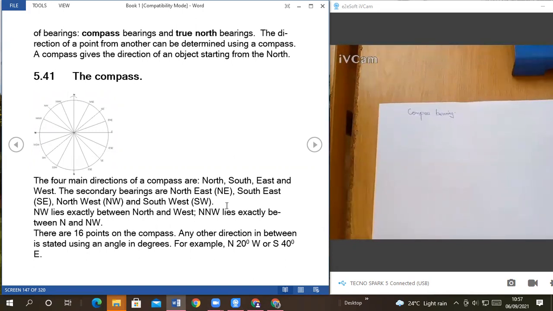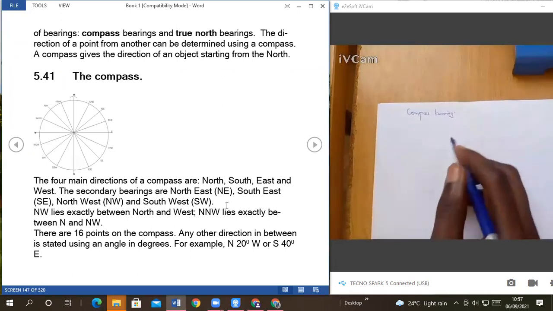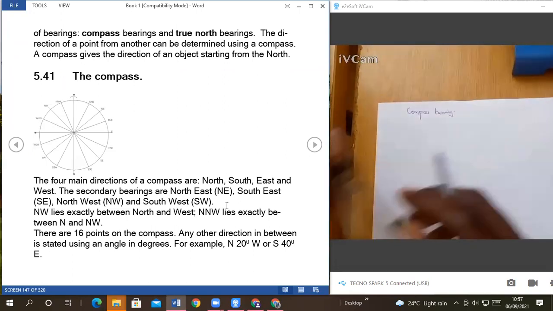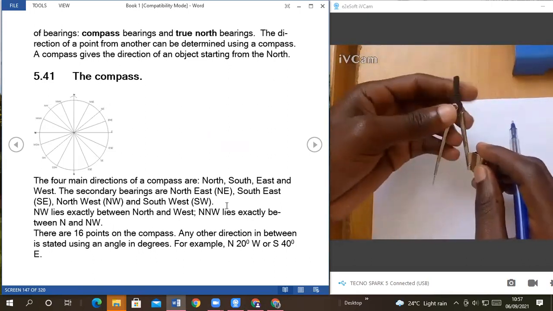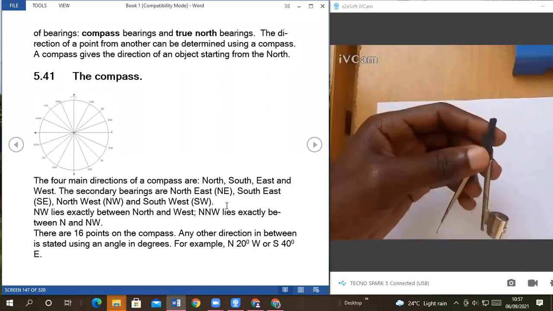Can we draw this compass there? So pick a pair of compass. Do you have yours? Mine is here.